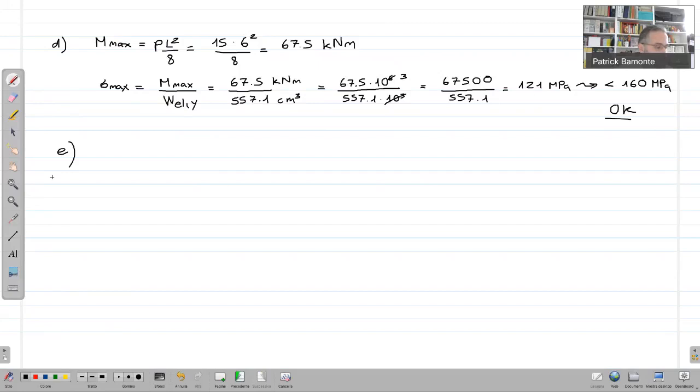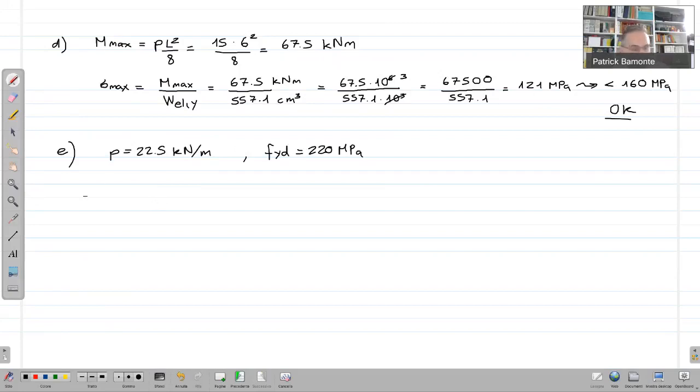For point E, the question was different because the load was changed. The load was bigger, 22.5 kilonewton per meter, specifying that we are working at the ultimate limit state with a maximum design yield strength of 220 megapascals.